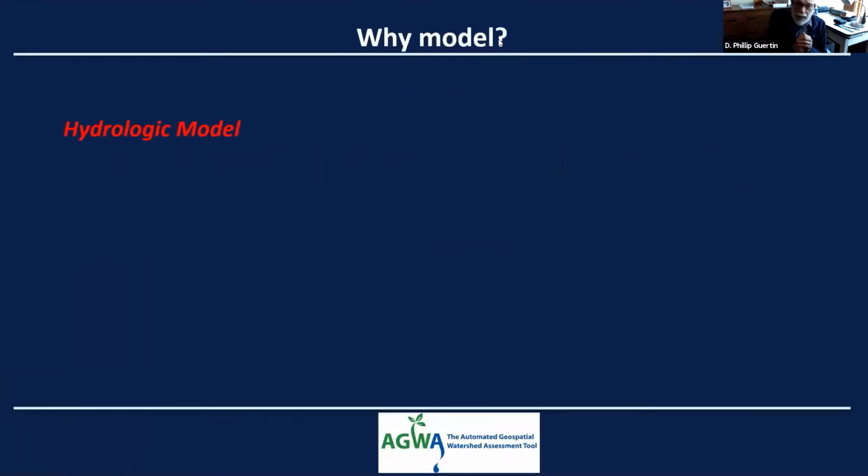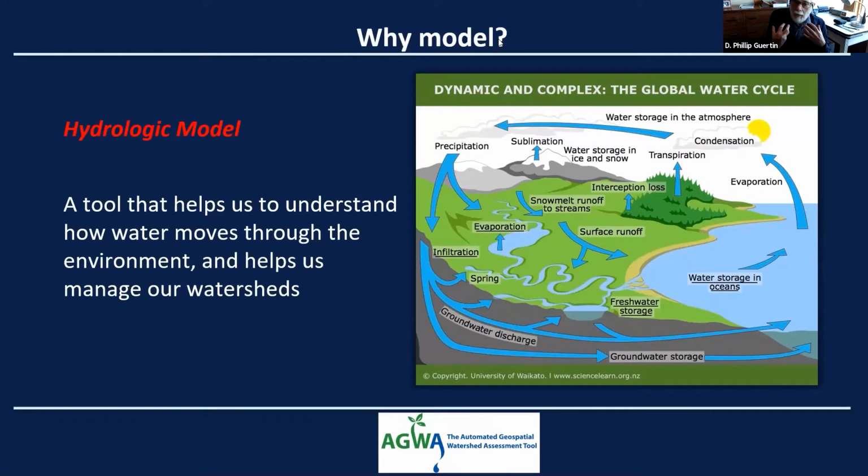So basically, we are using a hydrologic erosion model, KINEROS or SWAT, within the AGWA framework. And the AGWA framework is really a GIS framework. And a hydrologic model is a synthesizer. It allows us to integrate a set of information: land use, land cover, topography, soils, management practices.